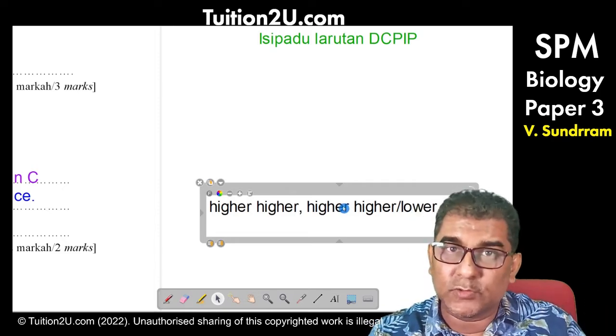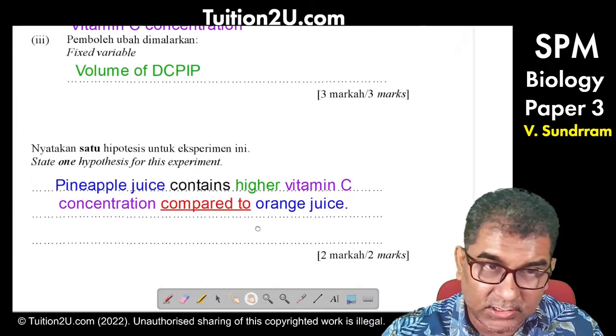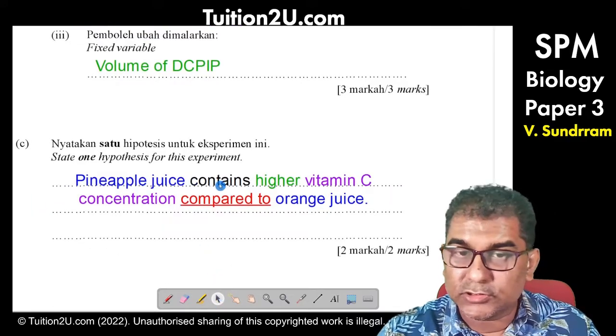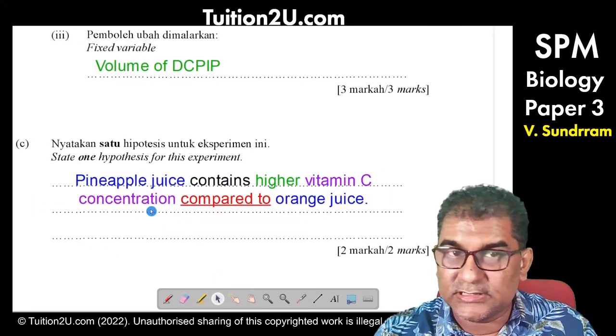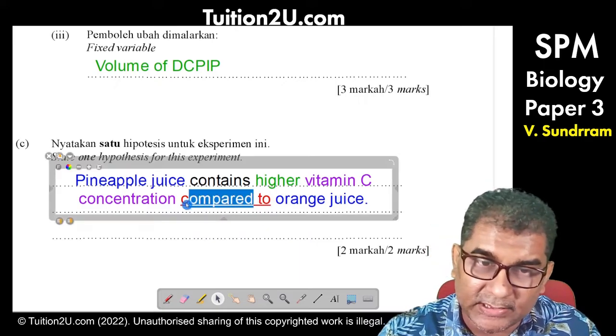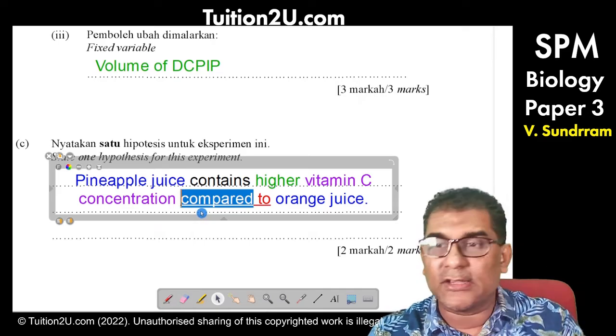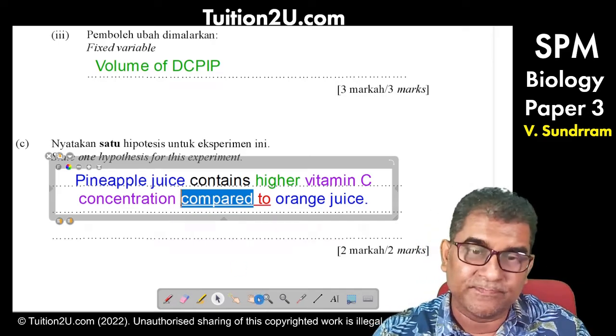So we have to use the word compare. If you note here, pineapple juice contains higher vitamin C concentration compared to orange juice. We normally use compare if you cannot use the higher, lower combination.